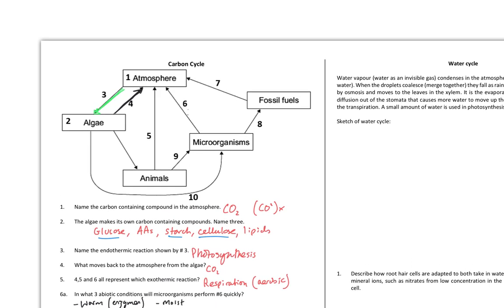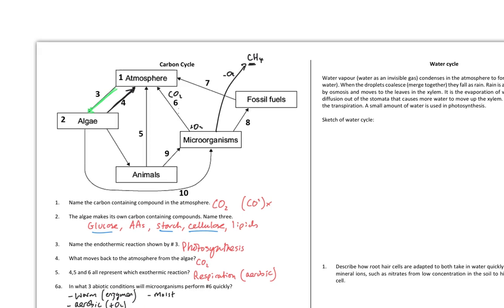This is going to be carbon dioxide if there's oxygen present. If there's not oxygen present, so minus O2, it can end up as methane, CH4. So when there's no oxygen present, you can still get methane produced, and that's taking this into a more complex carbon cycle as well.